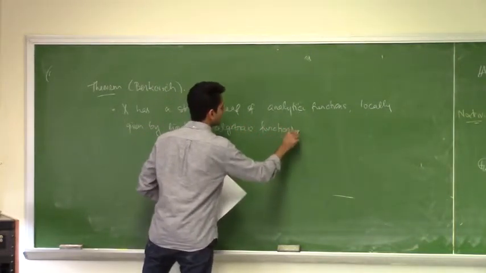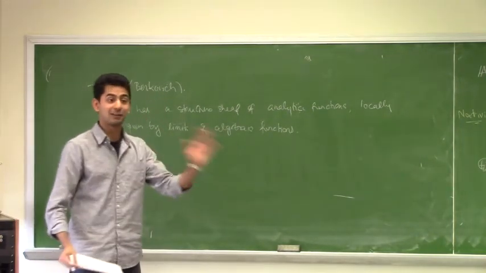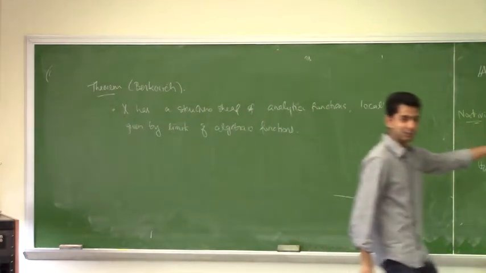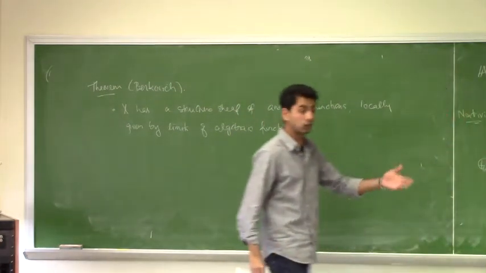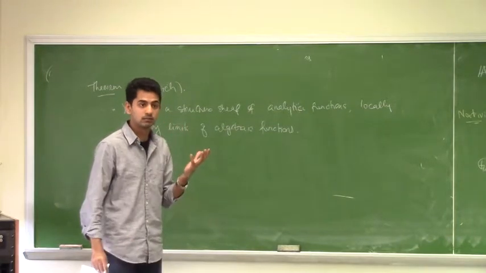So there's a good notion of analytic function in this world. That's the point. It's not analytic in the complex analytic sense. It certainly doesn't look that way, as you pointed out. But it does have a good theory of analytic space, of analytic function.